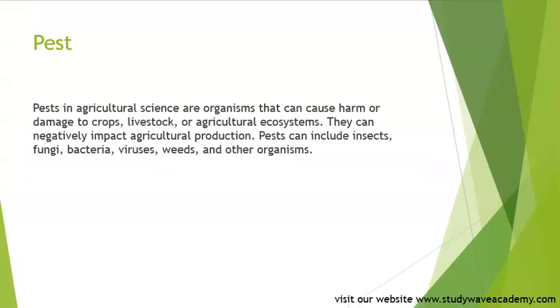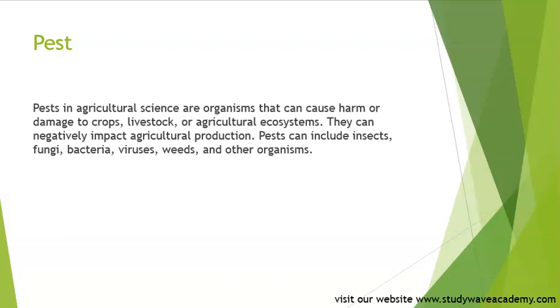Pests in agricultural science are organisms that can cause harm or damage to crops, livestock, or agricultural ecosystems. They can negatively impact agricultural production. Pests include insects, fungi, bacteria, viruses, weeds, and other organisms.